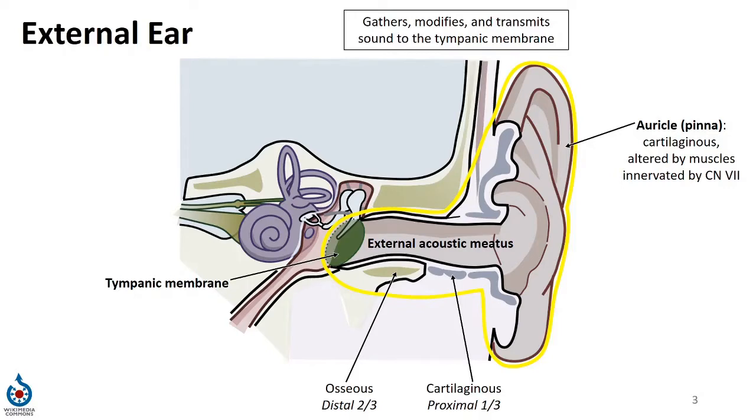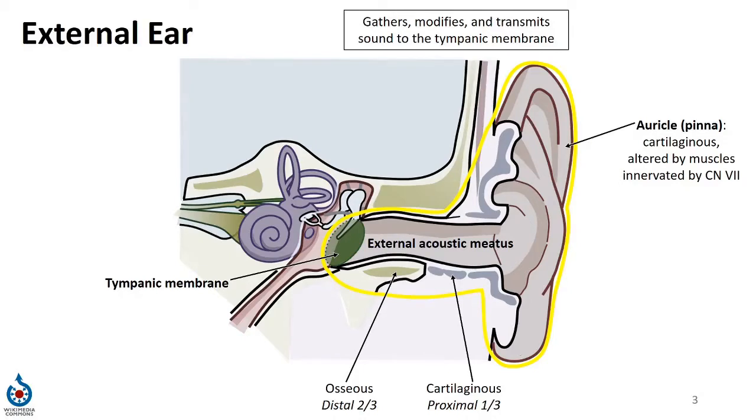And this you can think of more so as an ear horn, or like a, hey, what are you saying? Say that again. And the number of convolutions and the way that the pinna looks or the auricle looks in different species changes significantly.